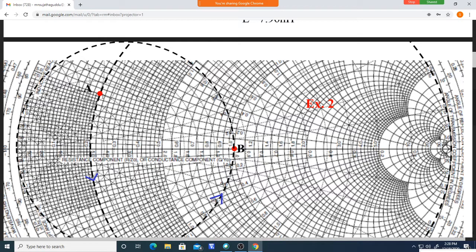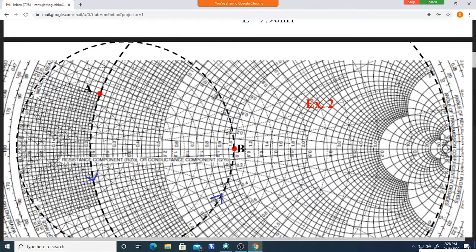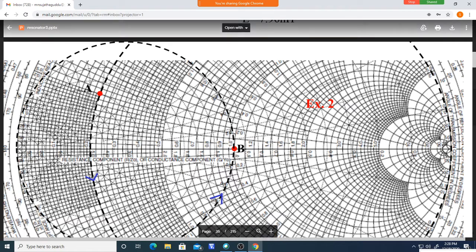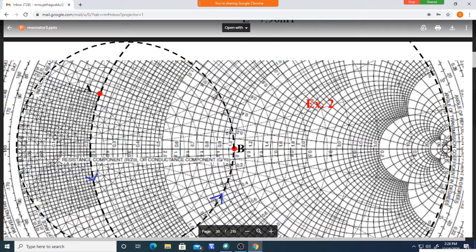Identify the conductance circle and resistance circle passing through that point.